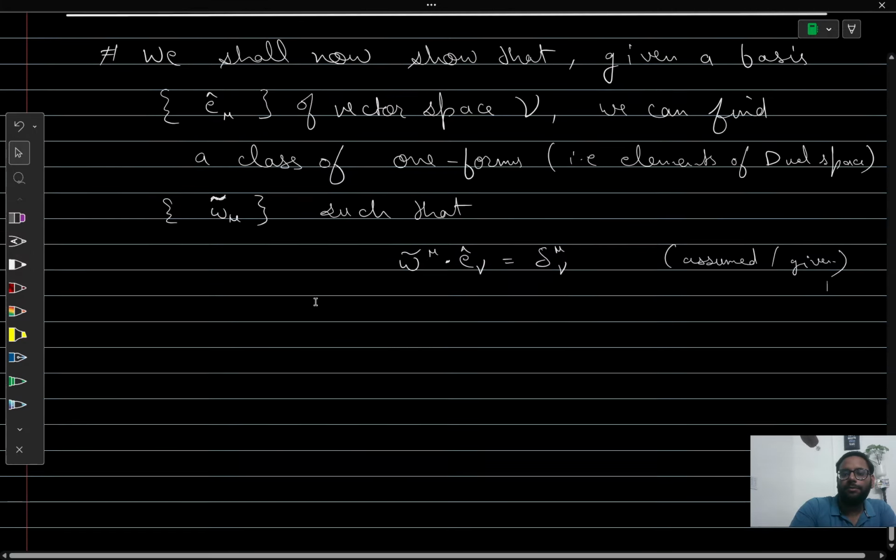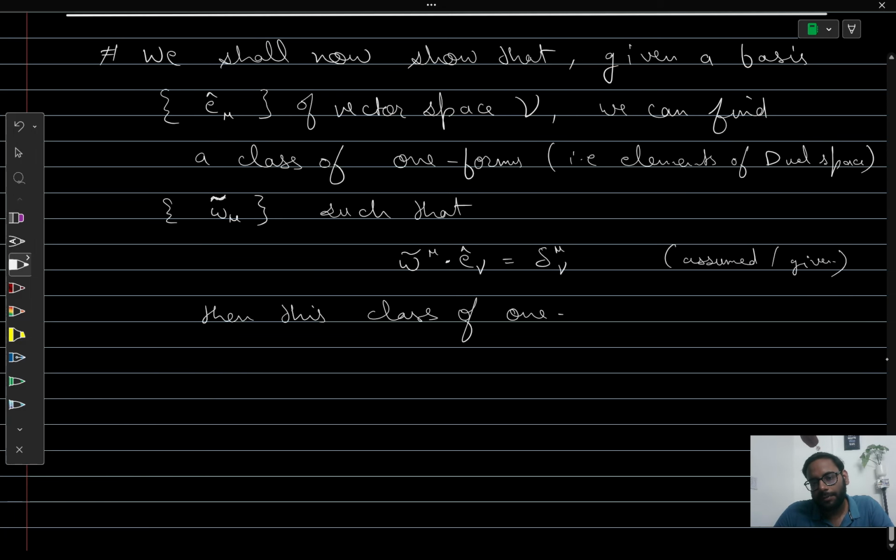We shall now show that if you are given this basis, we can find a class of one forms that are elements of dual space, such that this inner product is given between both, and then this class of one forms constitutes a basis for the dual space, the V star space.